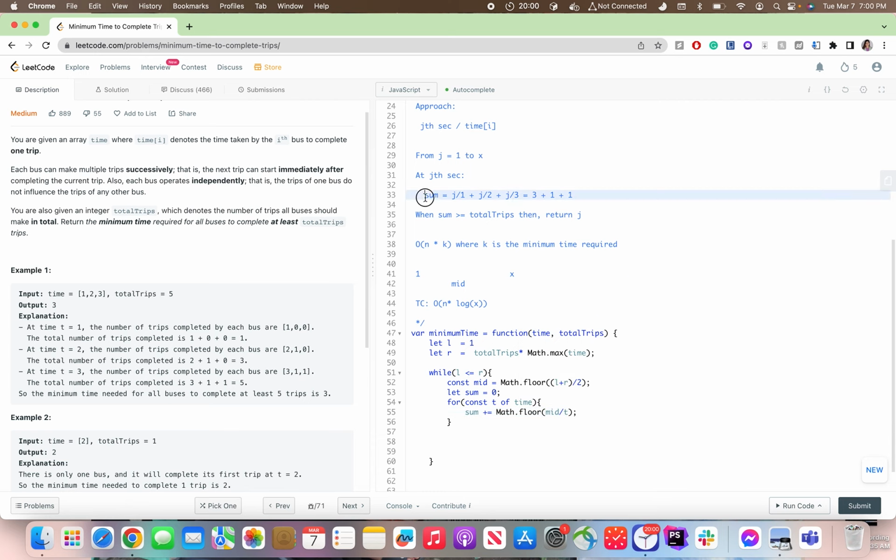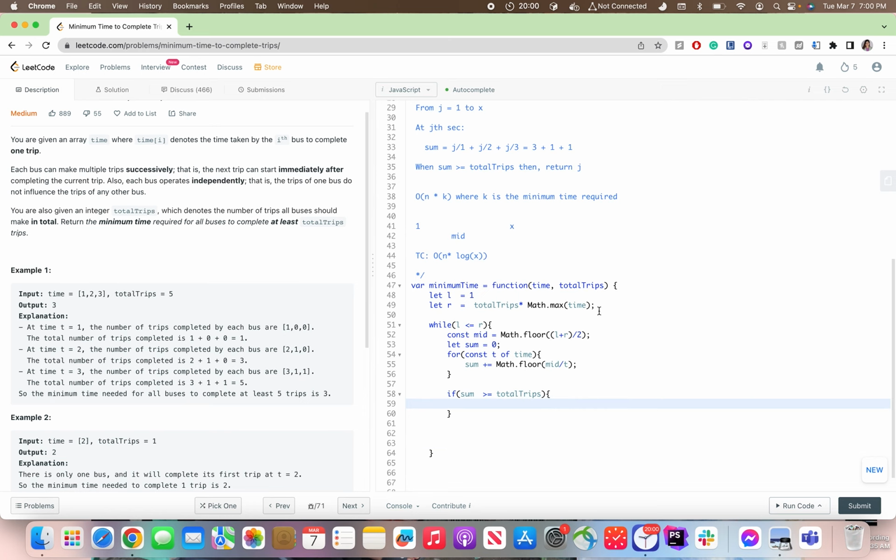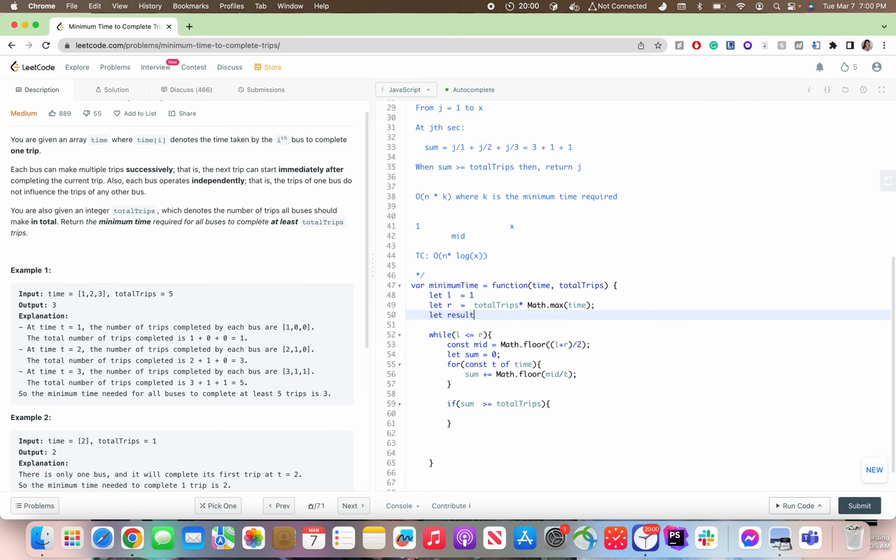So we are doing sum here, and if sum is greater than the total trips, or if sum is greater than or equal, then we would go left, because we might find a smaller time as well.